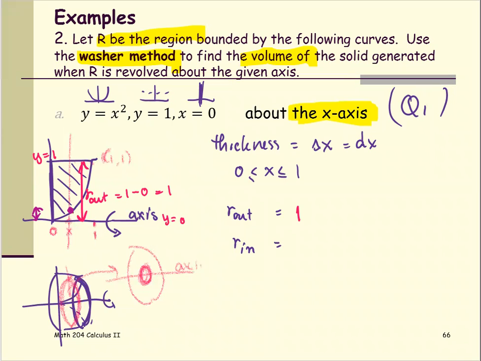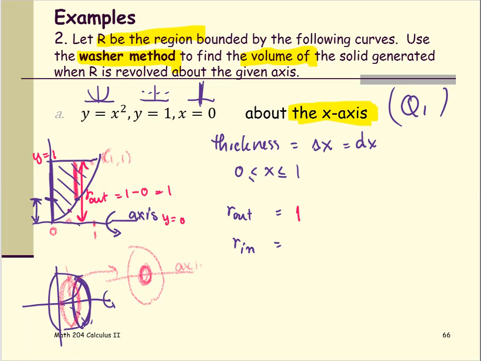Based on this cross section, the inner radius is going to be the lowest part of the graph to the axis of revolution.